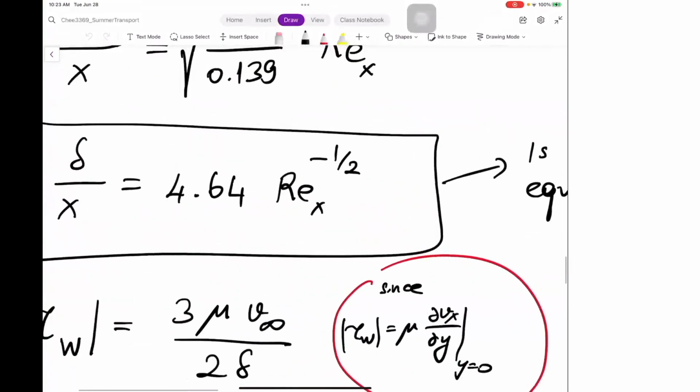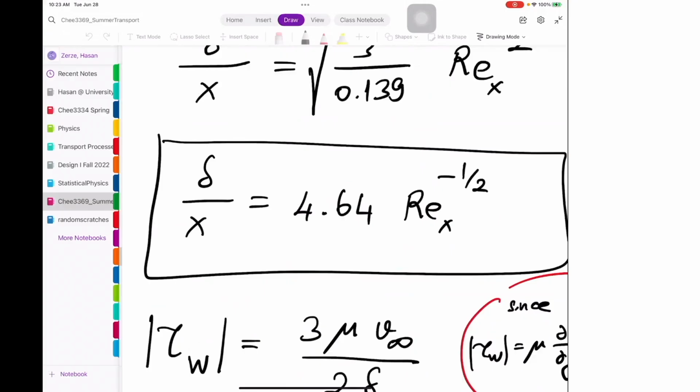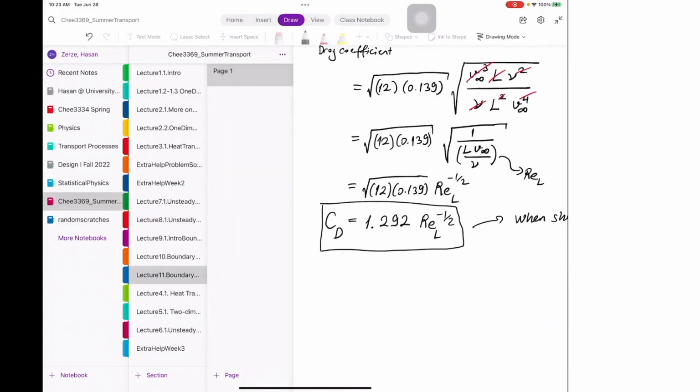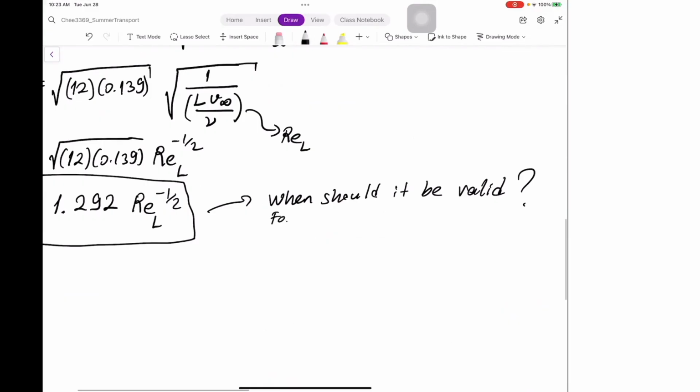Yeah, there you go. So when delta is so small, Reynolds number must be large because it's inversely proportional to the square root of Reynolds number. So we can say this is for high Reynolds number flows, not for laminar ones. Okay.